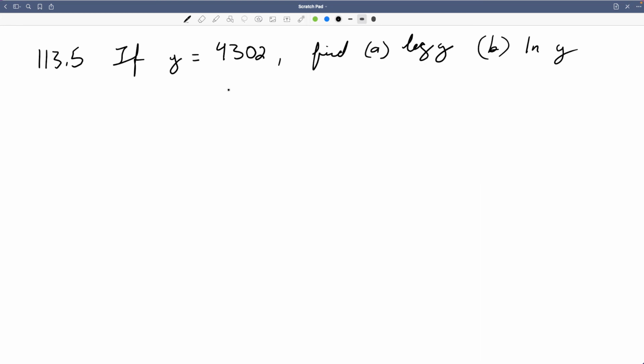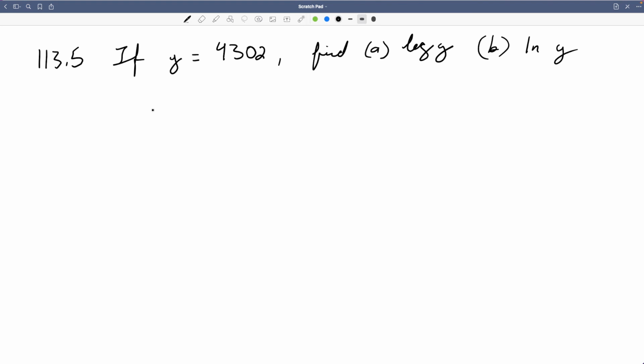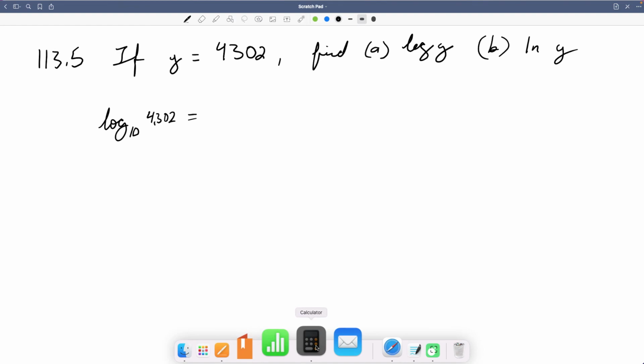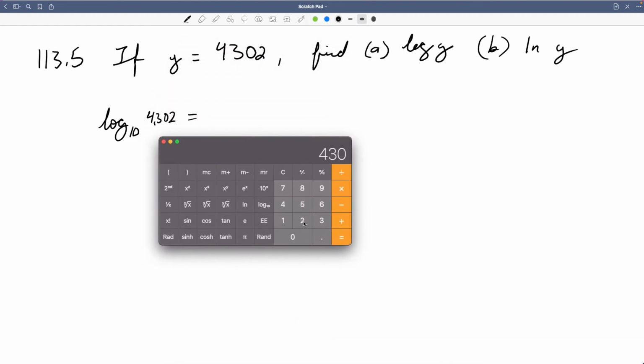So for solution A, we want to find the log of y. All we have to do is, first let's set it up with our answer. The log 10 of 4302 is equal to, so now we clear this off, we write 4302, we press our log 10 key, and it's 3.63.